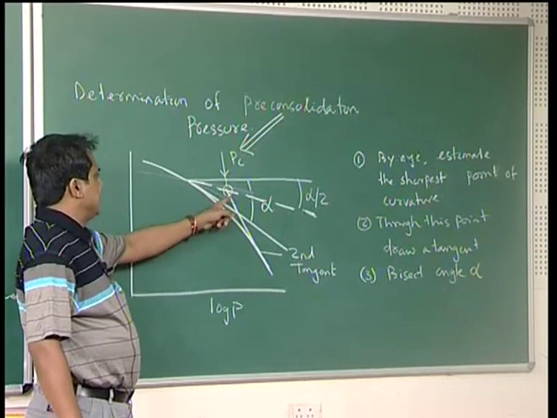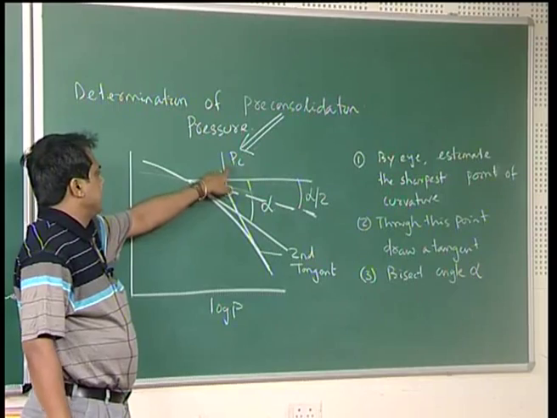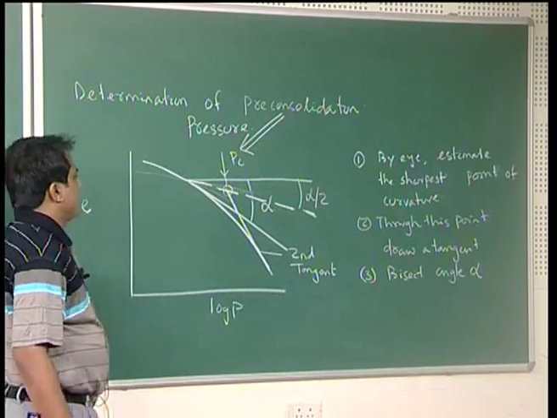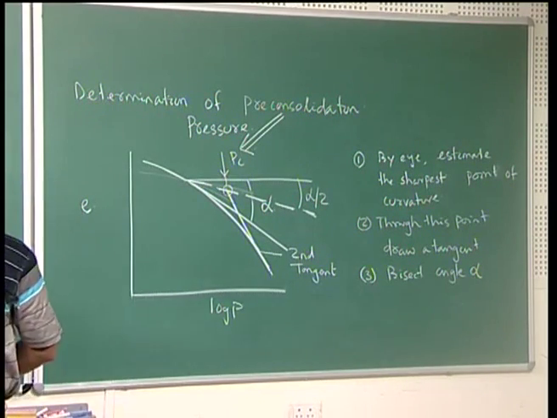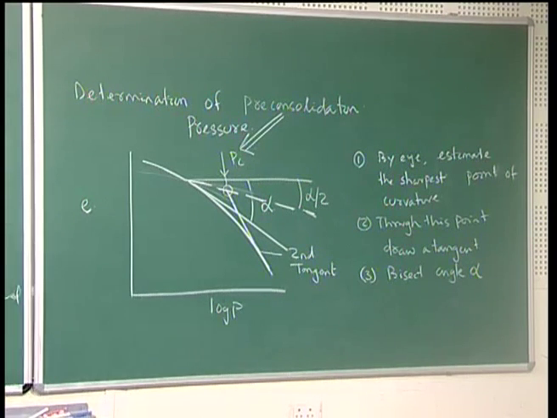Then where it intersects, that point gives your Pc, or pre-consolidation pressure. What does it mean, this Pc or pre-consolidation pressure? It will indicate whether soil is over consolidated or maybe normally consolidated.